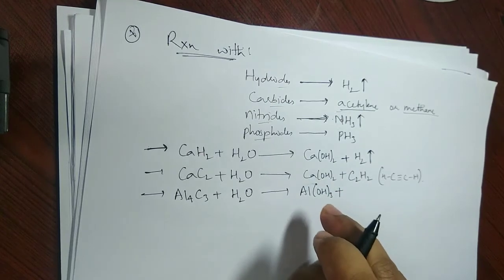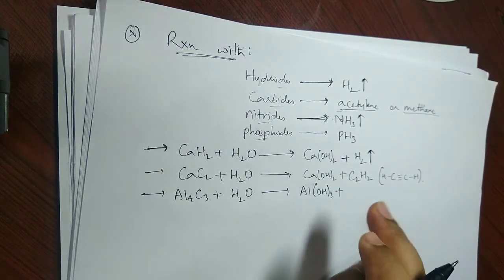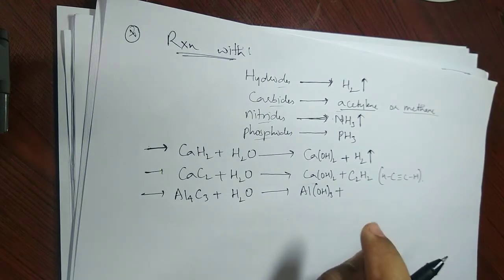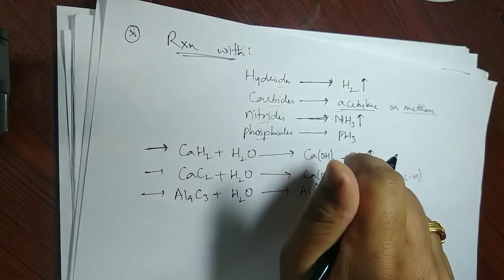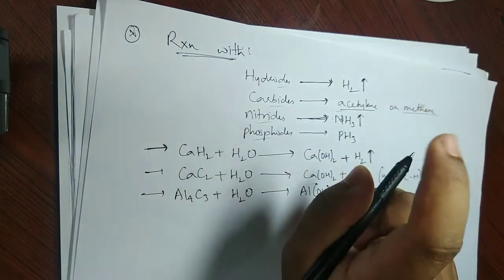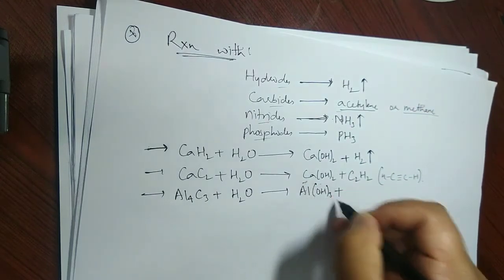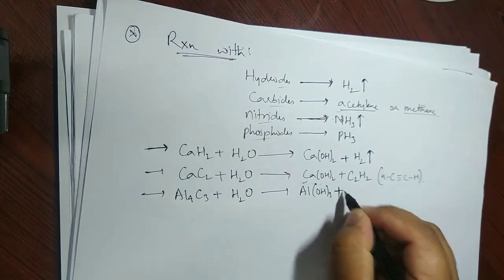Aluminium, 13th group, has a charge of +3. So aluminium with +3, OH with -1, crisscross, then you have Al(OH)3.